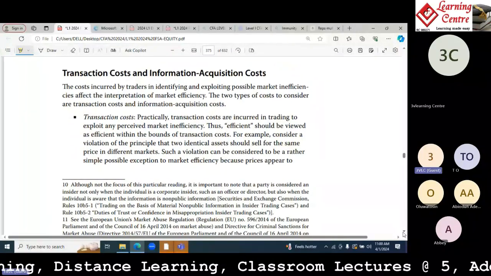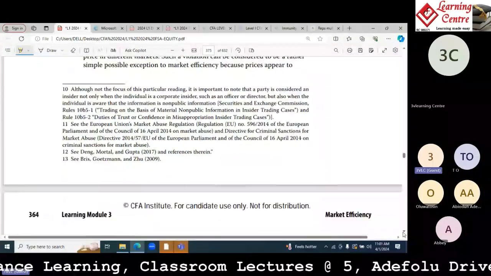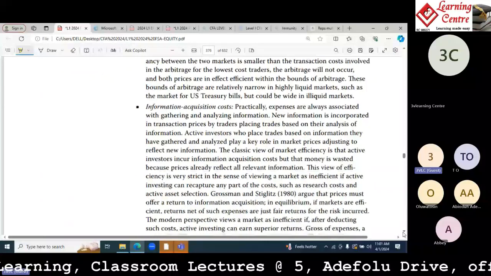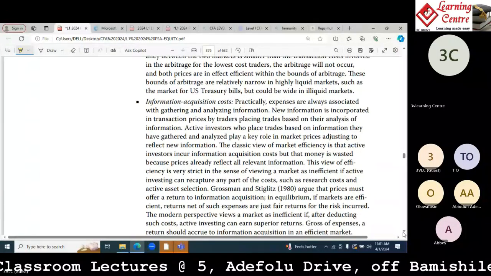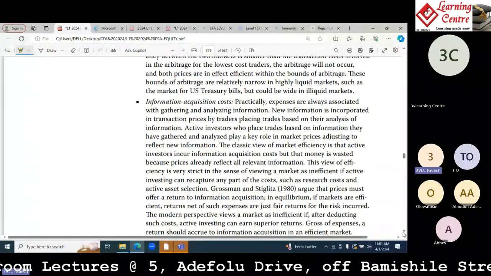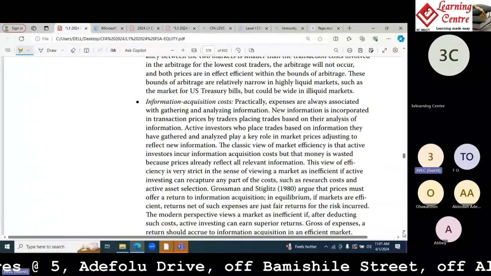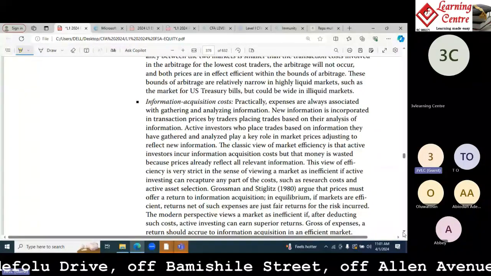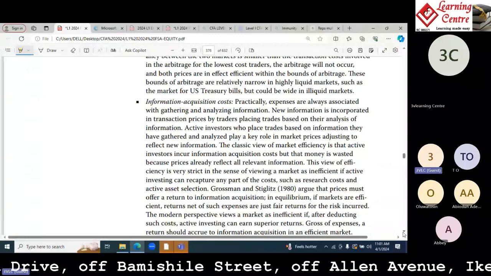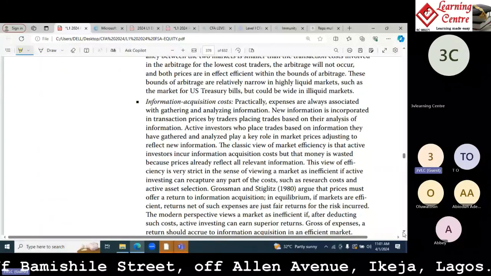So transaction cost significantly impedes market efficiency. Information acquisition costs are costs that you incur in order to source for or gather information. A typical example is Bloomberg, which everybody uses. Bloomberg is very apt at getting top-notch information, but the cost of getting Bloomberg is off the roof.